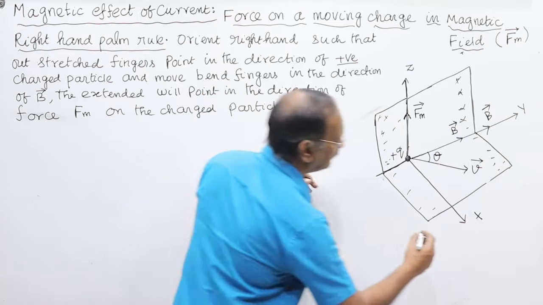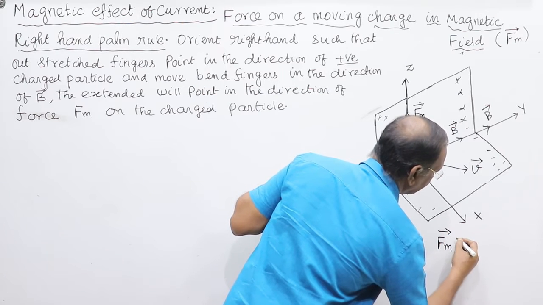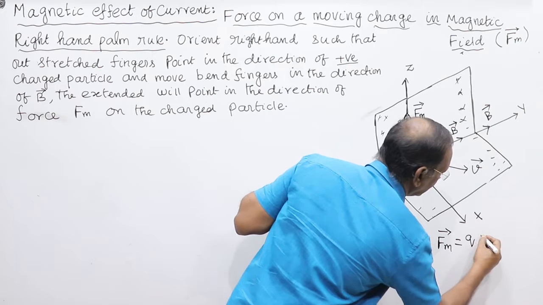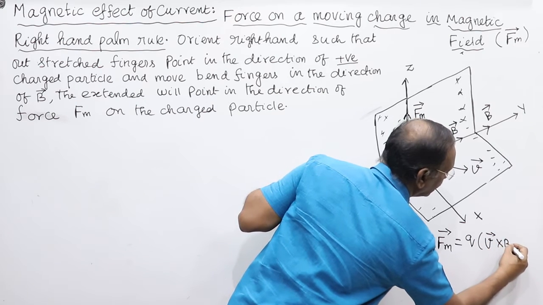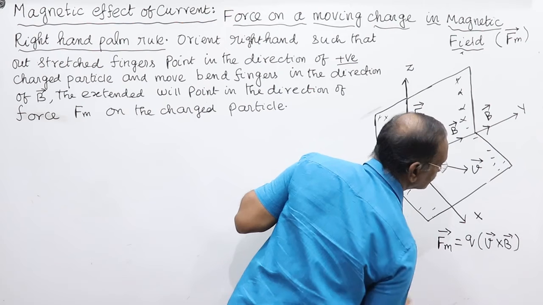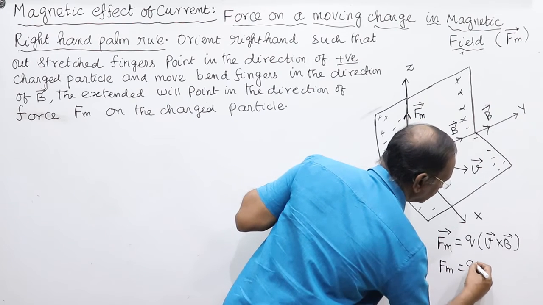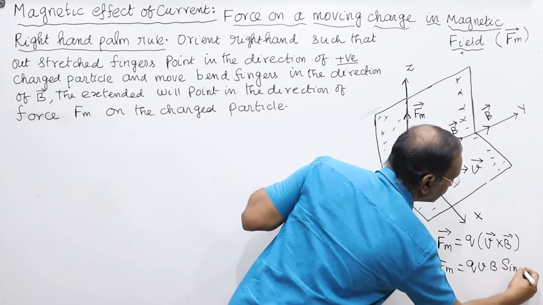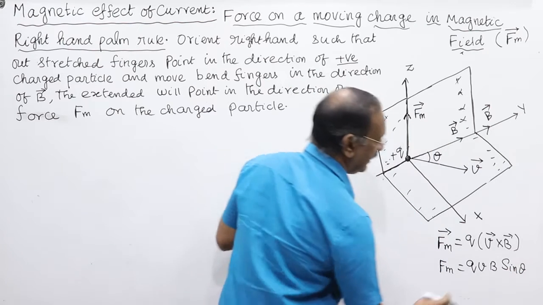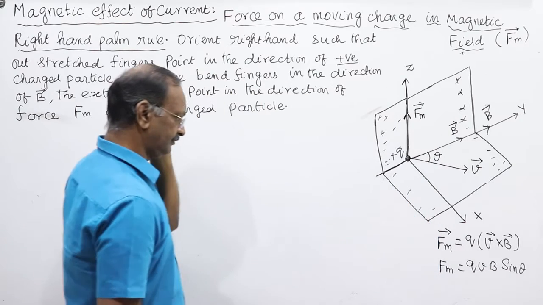In vector form, the magnetic force is given by the charge times the velocity of the particle cross the magnetic field. The magnitude of the force is QVB sin theta, where theta is the angle between the velocity of the particle and the magnetic field.